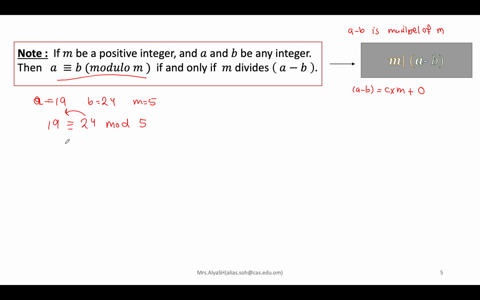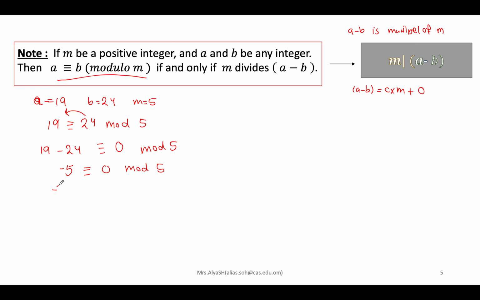So I'm getting the following number in here. We got 19 minus 24 is congruent to 0 mod 5. Okay, now 19 minus 24 equals minus 5, which is congruent to 0 mod 5. And we can just take the minus outside.